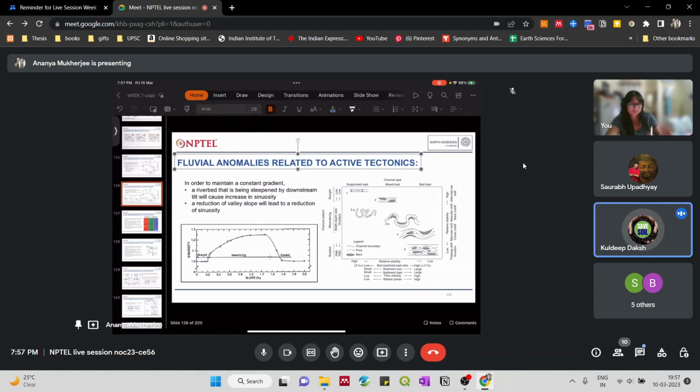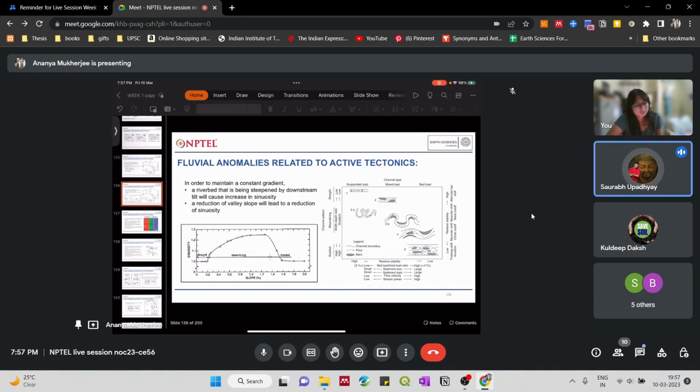But before that, I think the question he asked, I think that is because in hilly regions there are big rocks like boulders and cobbles that cause the sinuosity. No, mostly it's not that. Because of the slope, the channel does not form meanders and it goes in a straight line. Probably the lithology is also very resistive to the meander, so that's why it goes in a straight line.